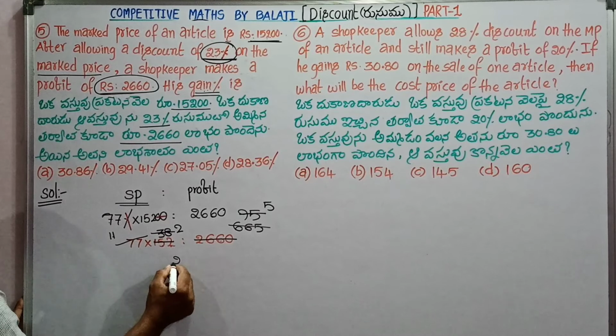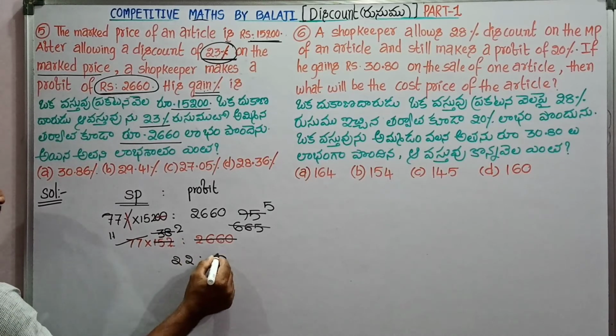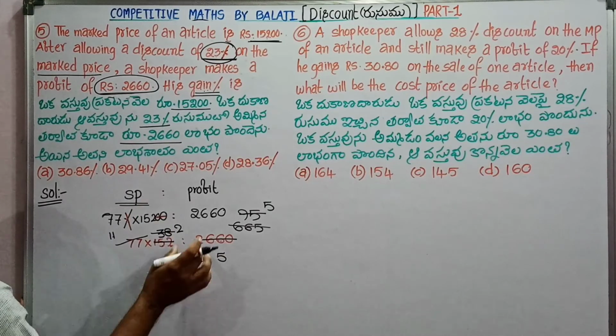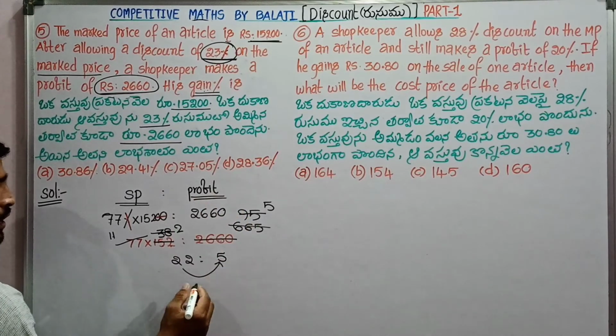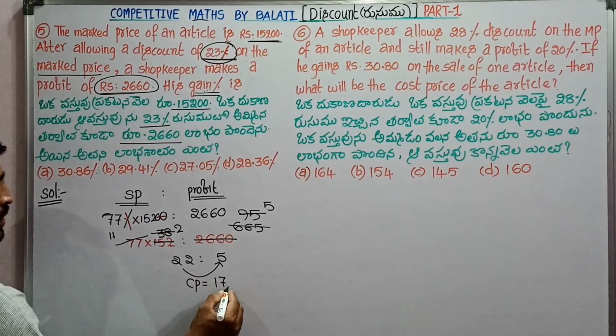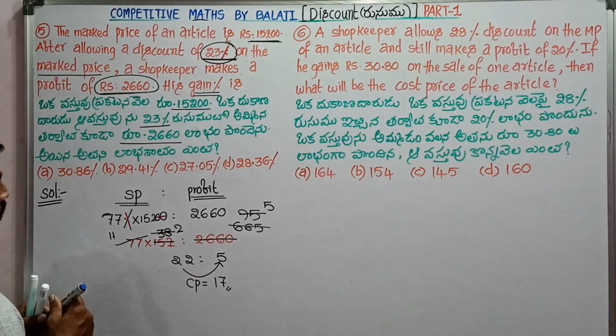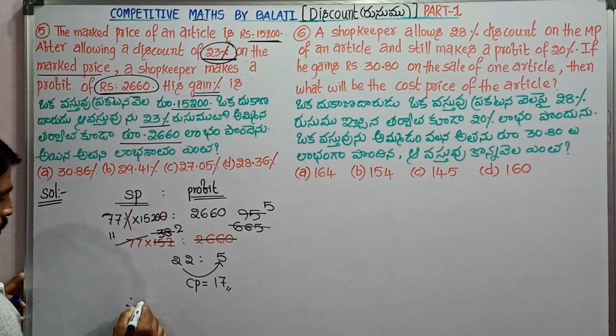So 11 2s are 22, is to 5. If selling price is 22 units, then profit is 5 units. So what is CP? The difference between 22 and 5 is CP, that is 17 units is CP. Therefore, we have to find gain percent or profit percent.